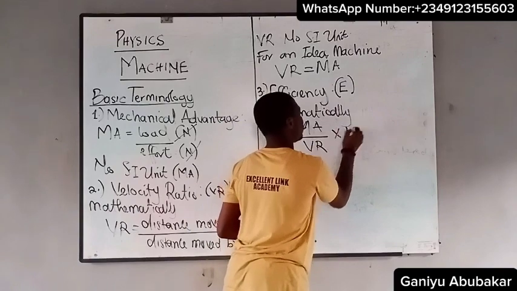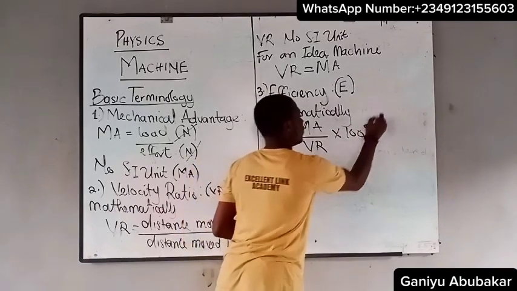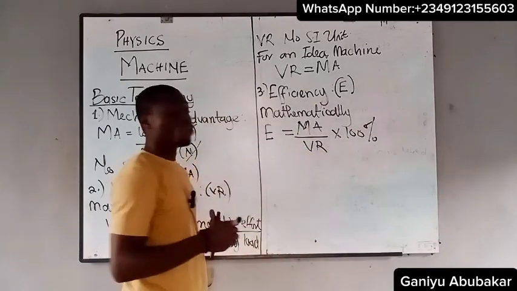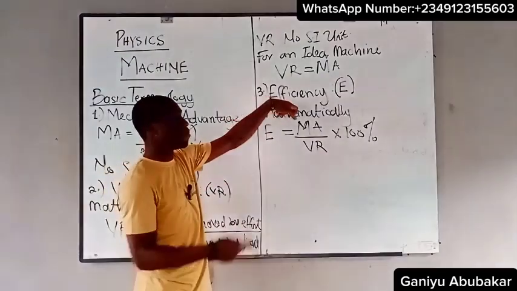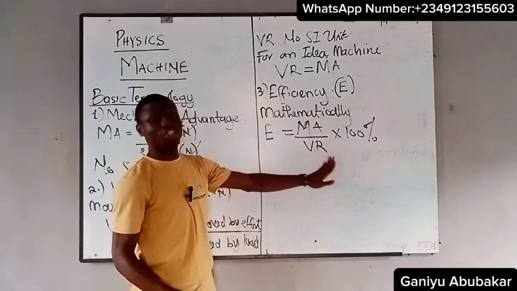That becomes multiplied by 100%. This becomes your mathematical expression for efficiency: the ratio of mechanical advantage to its velocity ratio multiplied by 100%.